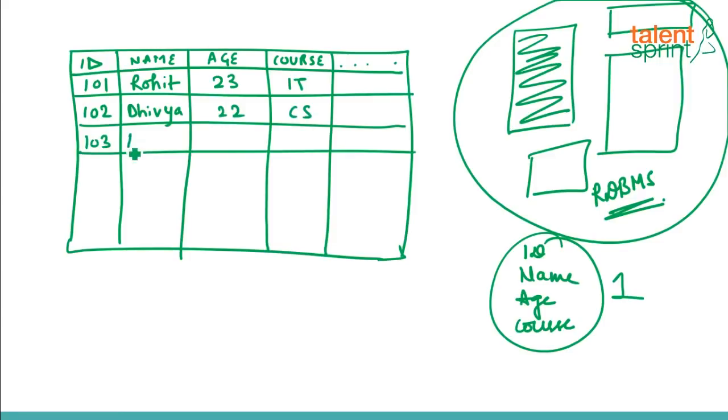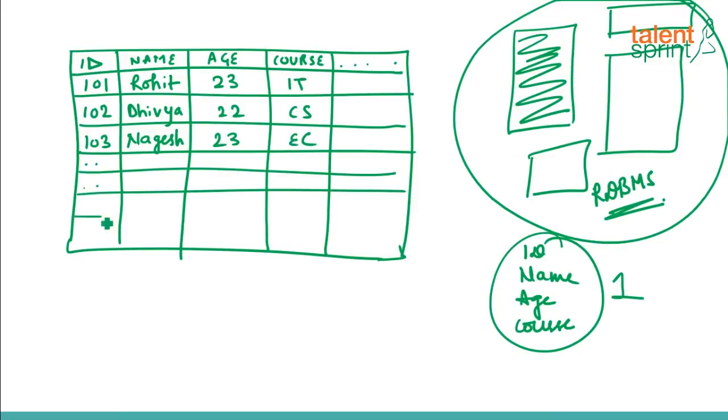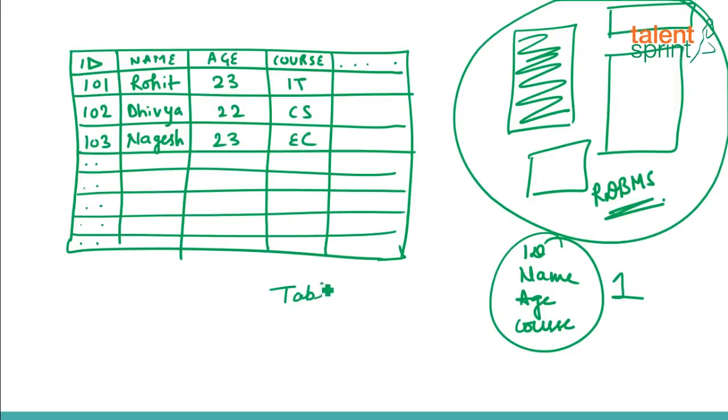Let us put up 103. We have Nagesh, age again say 23, and let's make him electronics and communication student. So like this, you can continue filling up details for all the persons that get enrolled, right? So this one entity is what you call a table in a database management system.